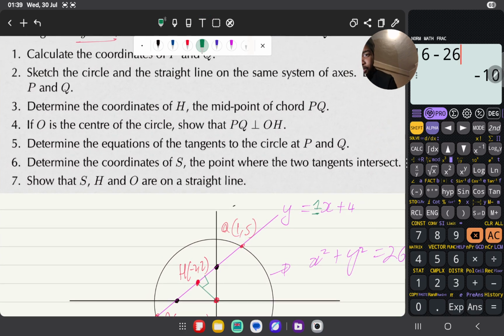Let's see the next question. Determine the equation of the tangent to the point.